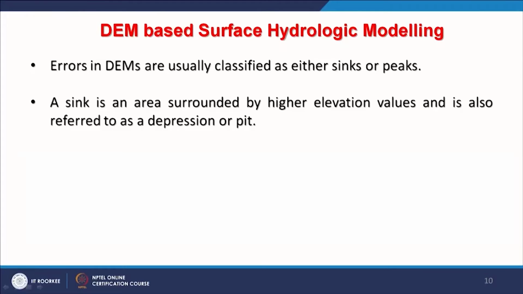Now, there is one type of error which can be rectified by first identifying sinks or peaks or depressions and then filling them. So, part of the problem is already solved and the rest will depend basically on the spatial resolution. And a sink, as I have already explained, is an area surrounded by higher elevation values.